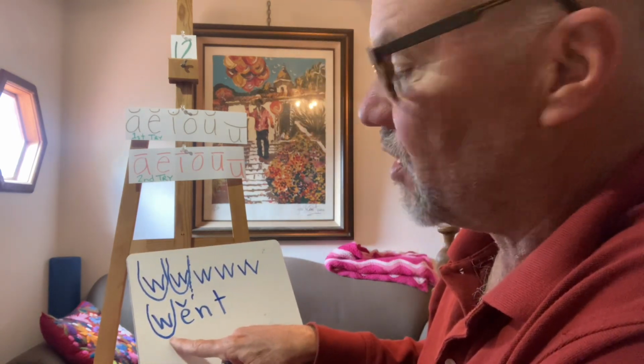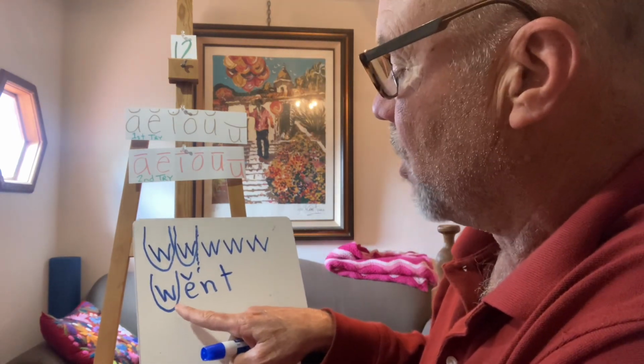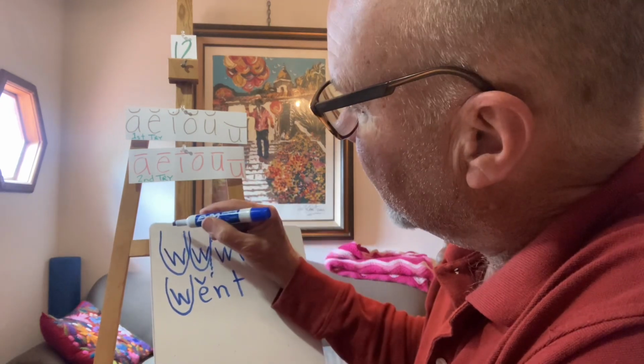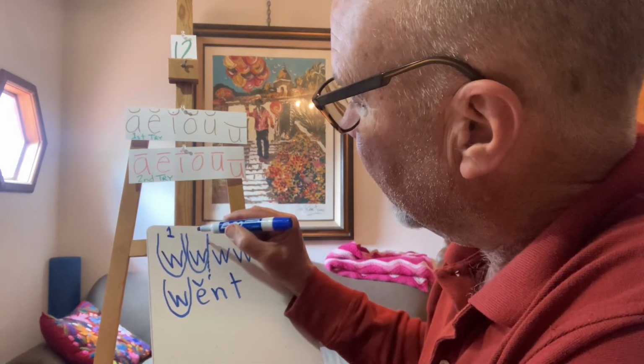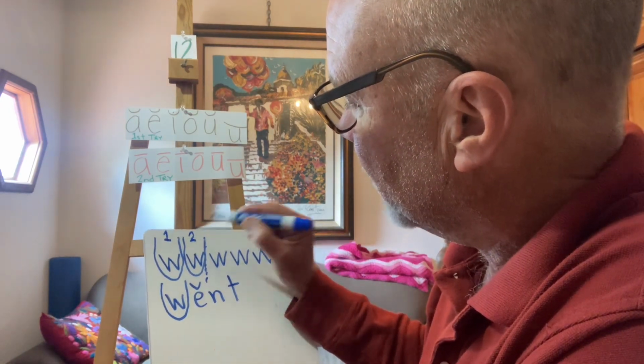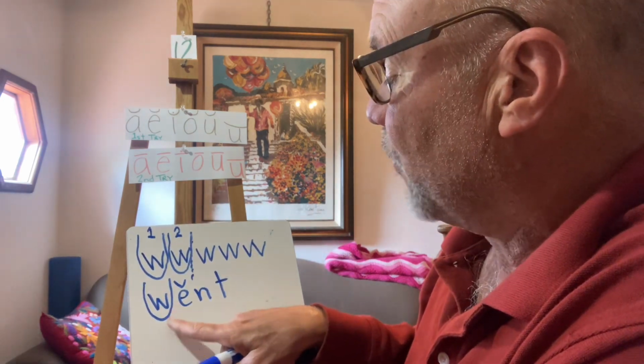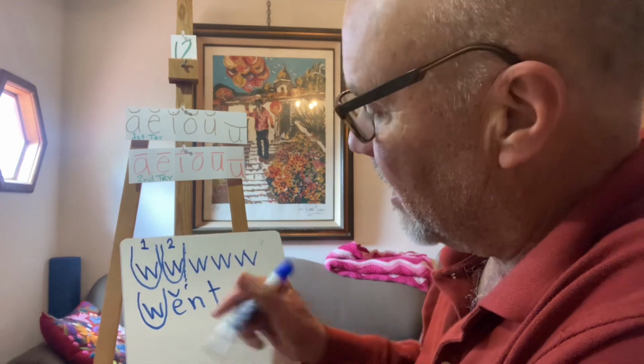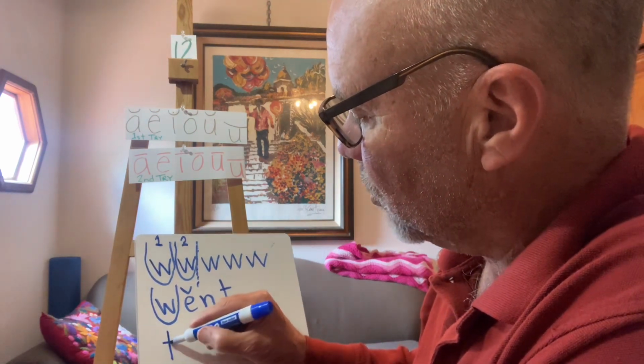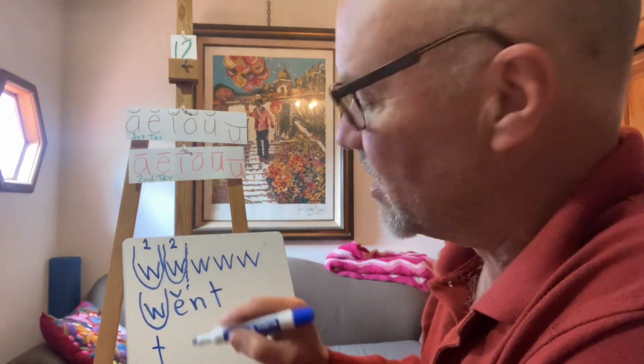W uses its own sound. First letter. What went. Maybe we could put a number 1 up here for first letter and second letter. There we go. How's that? W first letter, what went. W second letter, also what. How about twins?